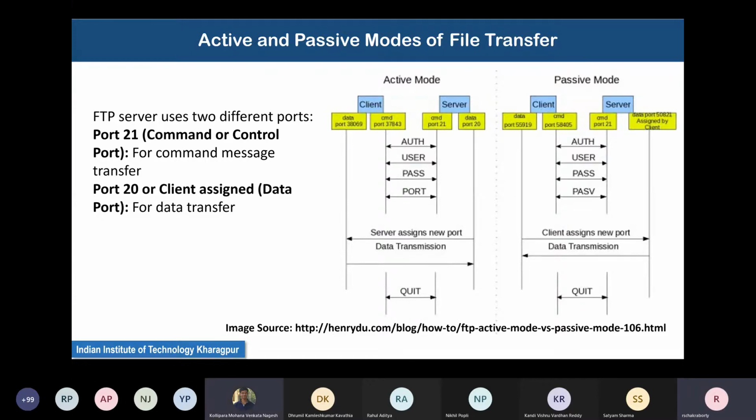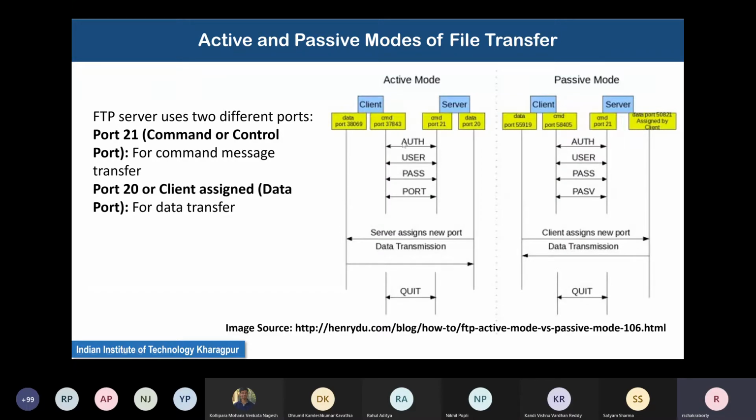How does the connection work? Let us concentrate on the figure on the left, the active mode figure. Passive mode I will come to later. Suppose the client wants to get a file from the server. First it initiates a TCP connection between, say, port 37843 and the command port 21.